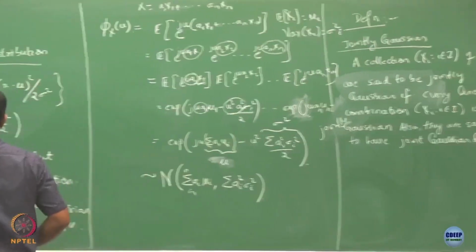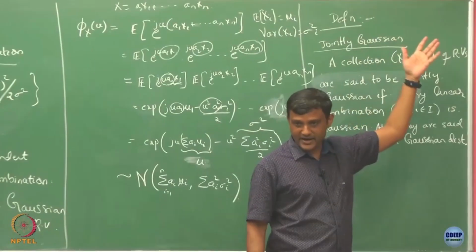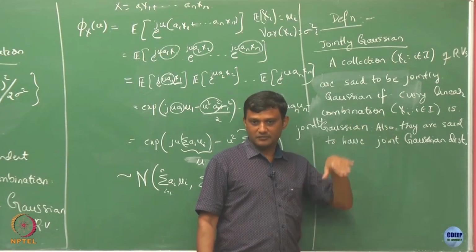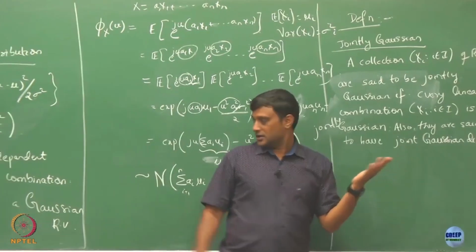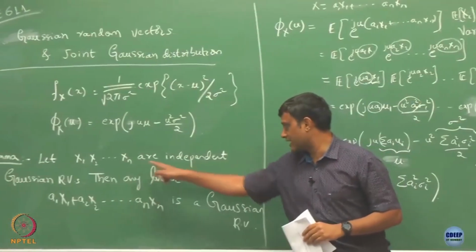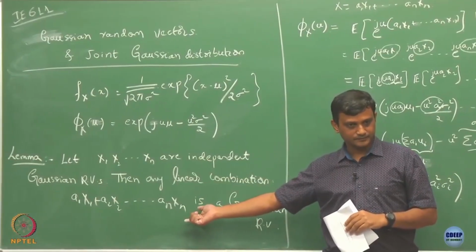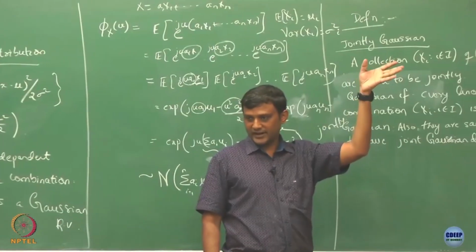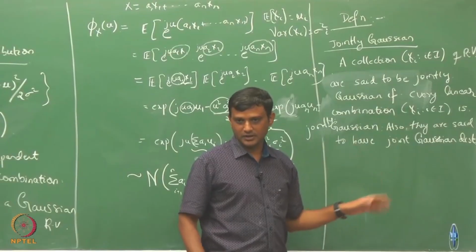We have already said that if this set of xi's is such that each one is Gaussian and they are independent, then any combination of them is again going to be Gaussian. So if they are independent and Gaussian, they are already jointly Gaussian. But if some given set of random variables happens to satisfy this property, then we are going to call them jointly Gaussian.